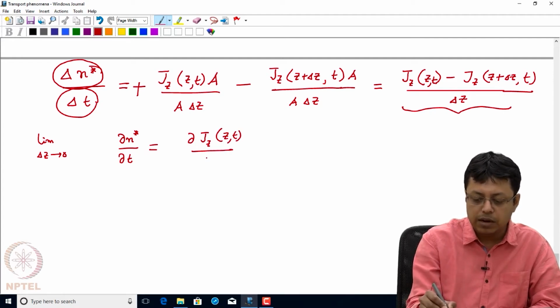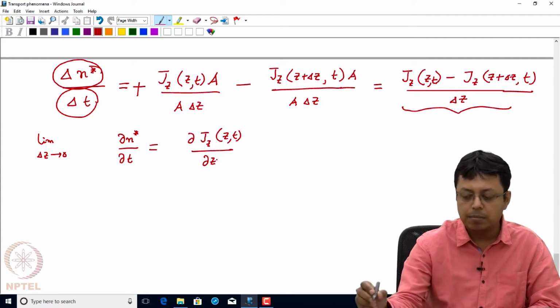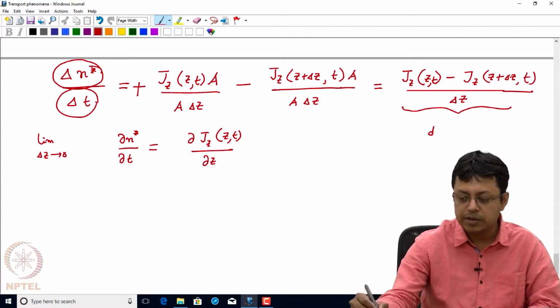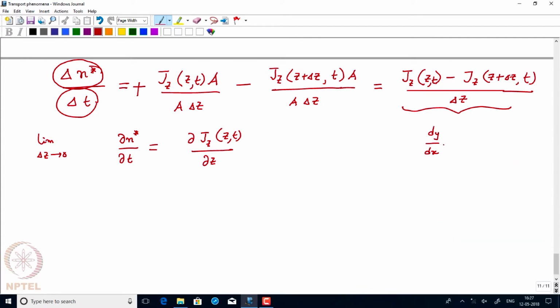Now, note carefully that by definition, the definition of dy/dx is the value of y at x plus delta x minus the value of y at x, divided by delta x, in the limit delta x tends to 0. In the same token, there is a negative sign because I am talking about J at the position z plus delta z, but with a negative sign. So there should be a negative sign here.